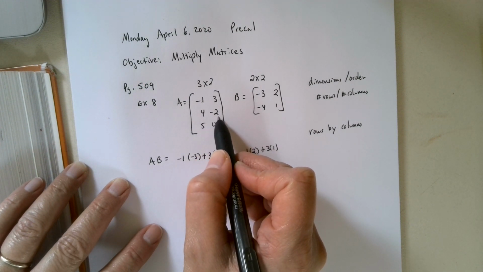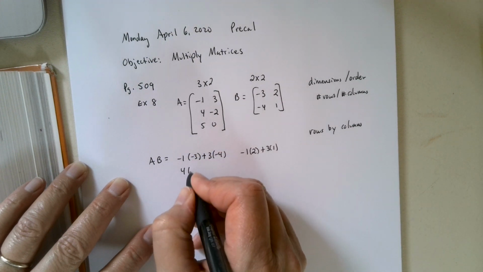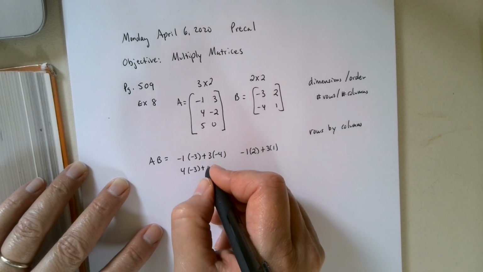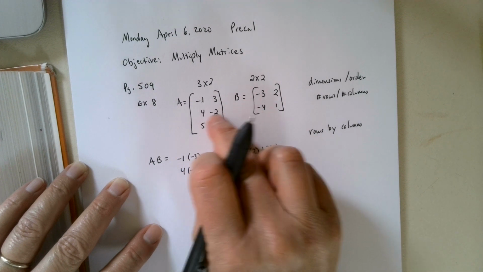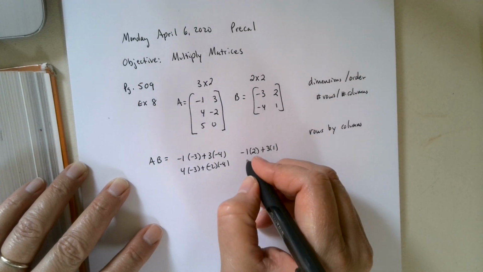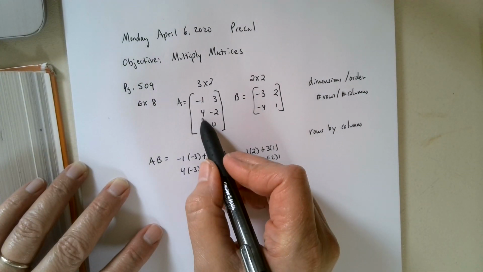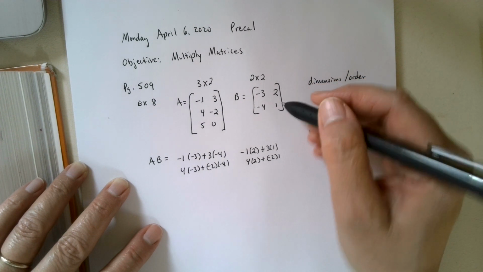This is a very repetitive process. So I'm going to take 4 times -3 and -2 times -4. So first times first, second times second. And then I'm going to use the second row, second column. So 4 times 2 plus -2 times 1.